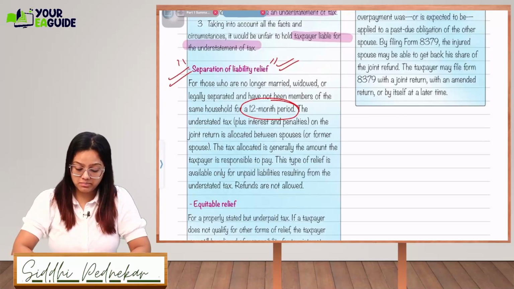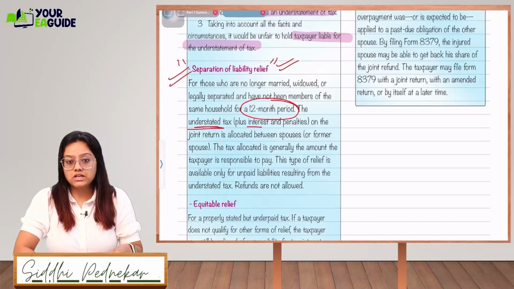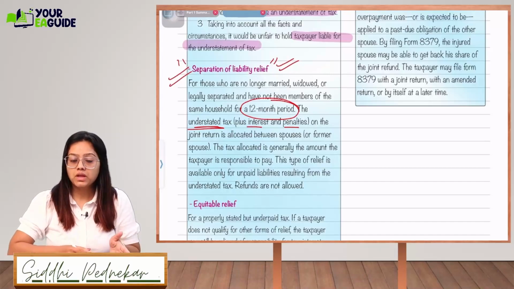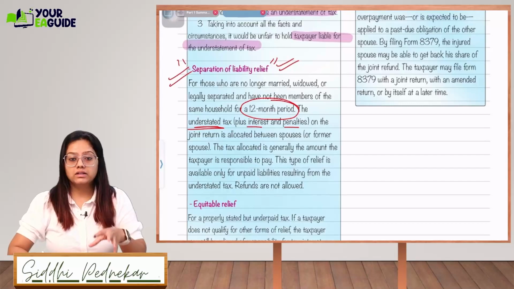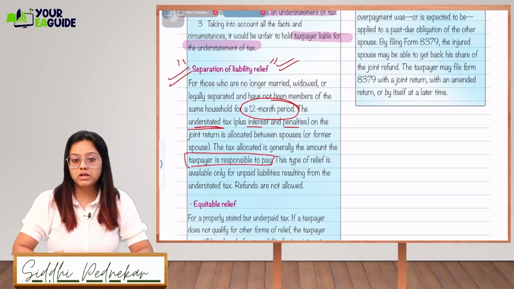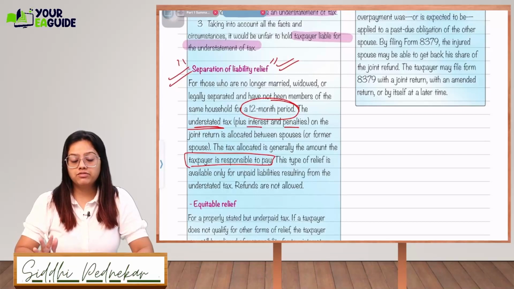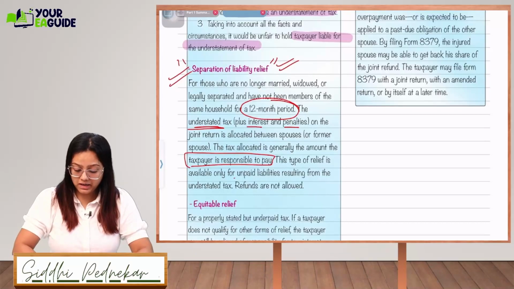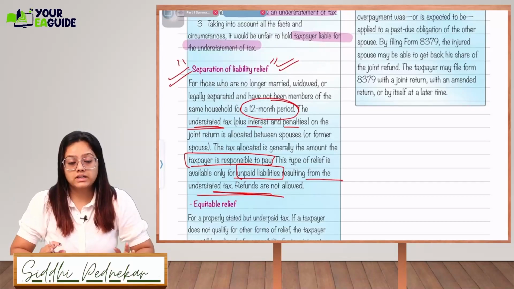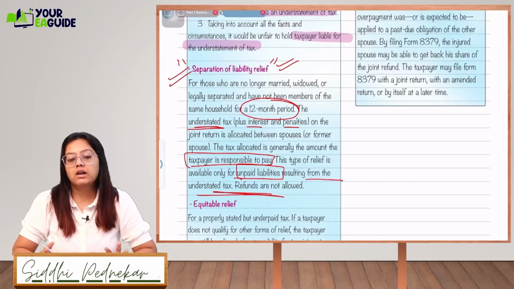Then the understated taxes plus interest plus penalties on the joint return are allocated between the spouse and the taxpayer. Okay, then the tax allocated is generally the amount the taxpayer is responsible to pay. Now, this type of relief is available only for unpaid liabilities resulting from understated tax, and refunds are not allowed.